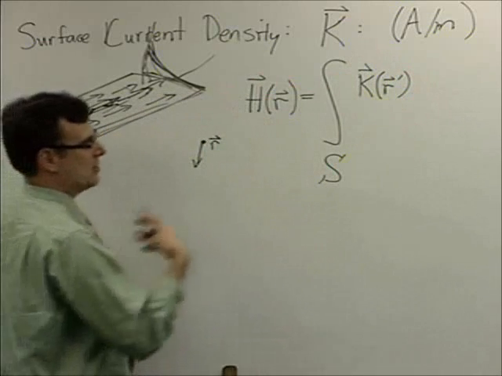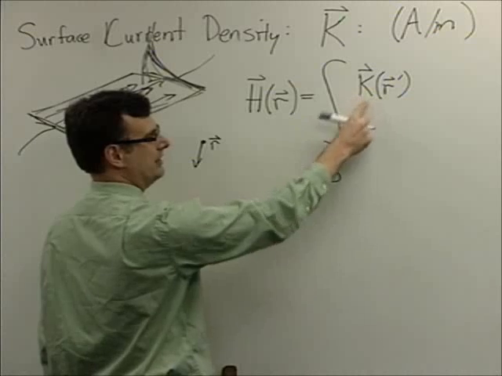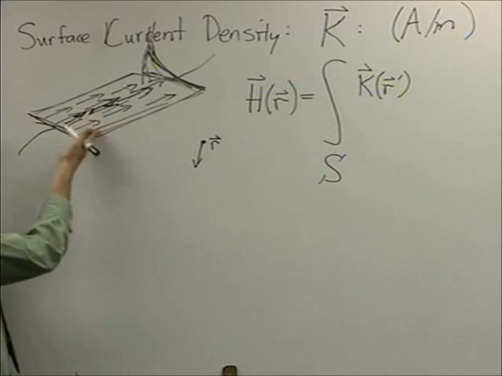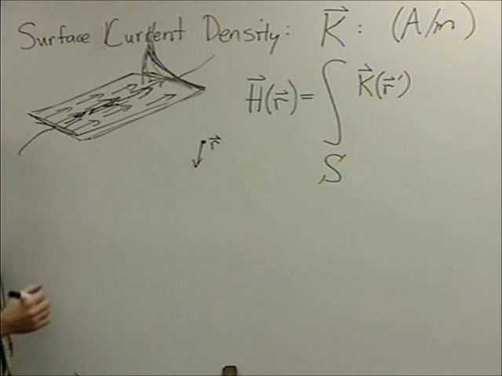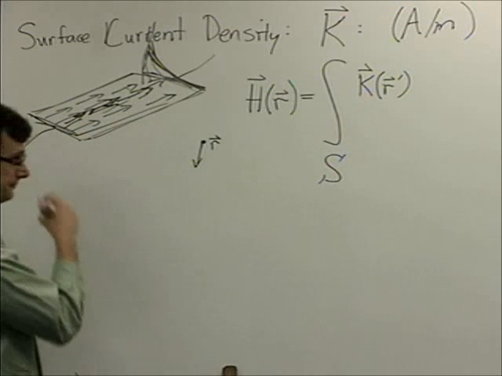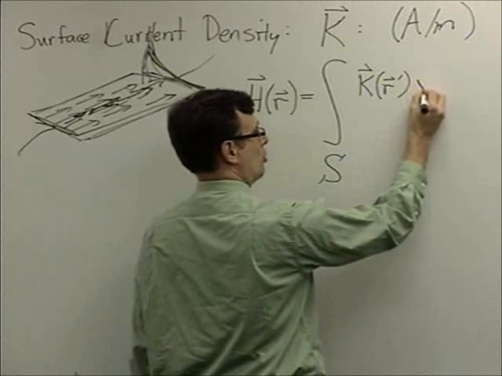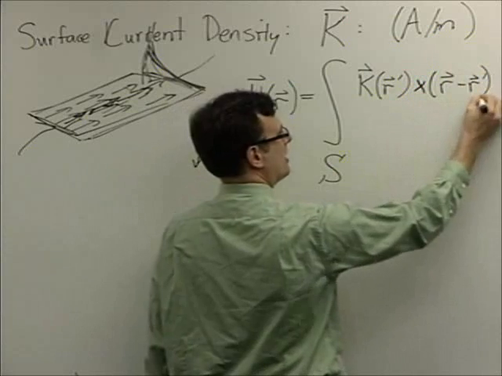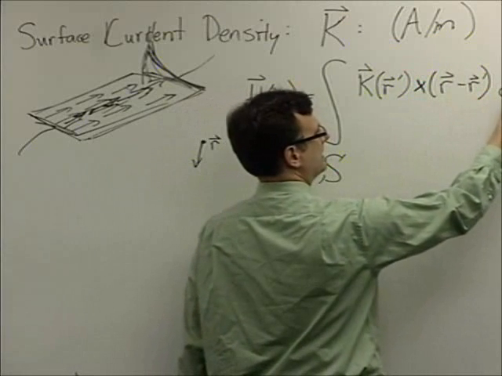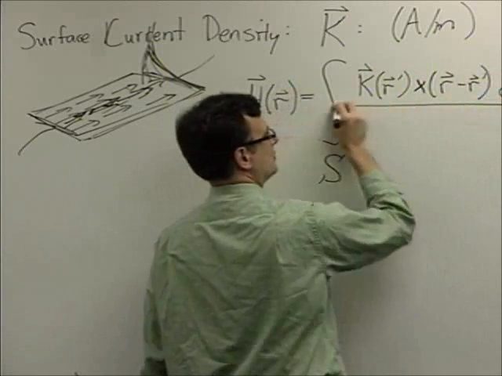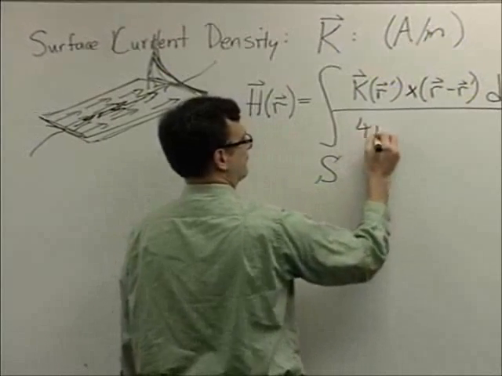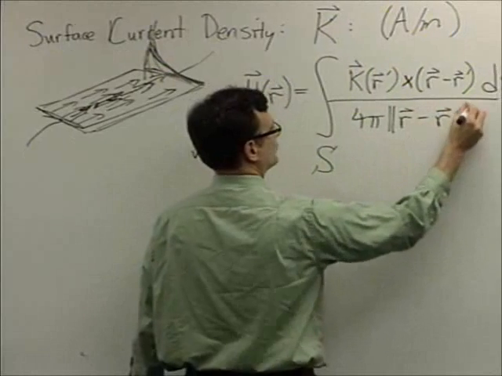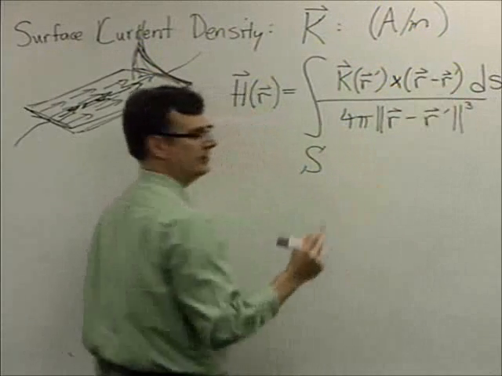And most of the problems that we're going to work, if we ever see a k, it's probably going to be a constant uniform current density vector, but just recognize that there are situations where non-constant ones exist, and that's very useful. That's going to cross into r minus r prime. I'm going to need to integrate with respect to that surface, and I've got 4 pi magnitude r minus r prime cubed.